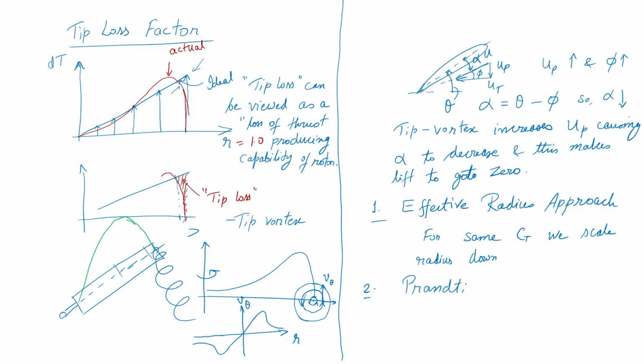This is a fairly clever way of empirically or semi-empirically modeling the effect of the tip vortex, because it scales your inflow in a way that it changes only near the tip. It increases the inflow by a scaling factor near the tip, so your inflow will increase and your angle of attack will come down, and you will be able to mimic the exact behavior that you see in the real thrust distribution.